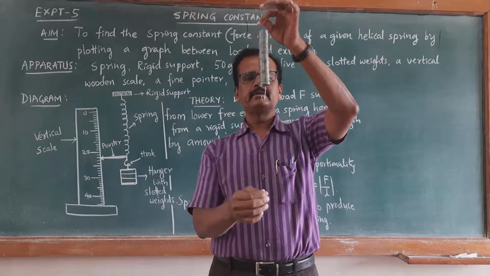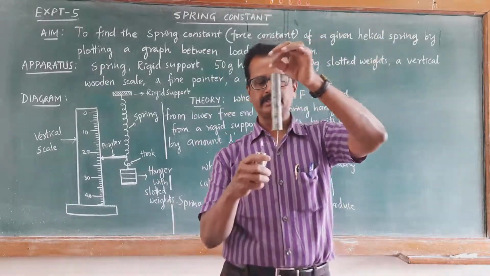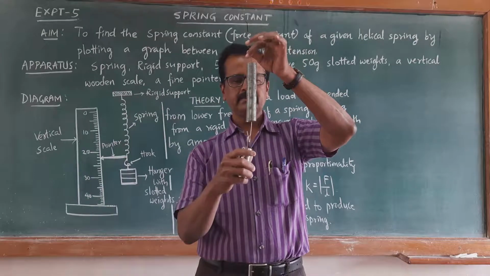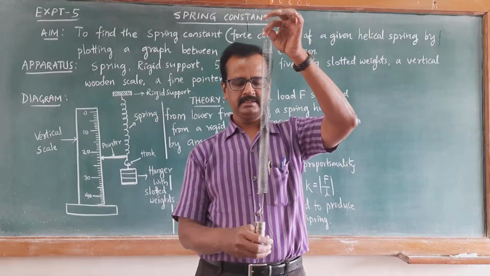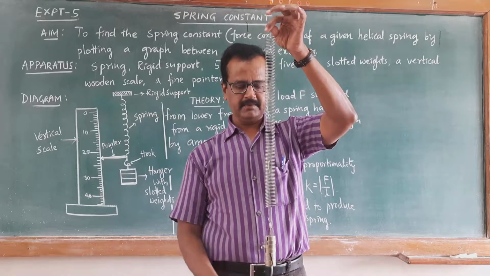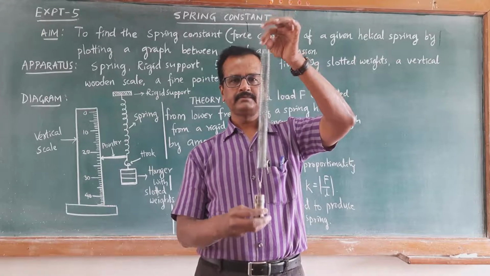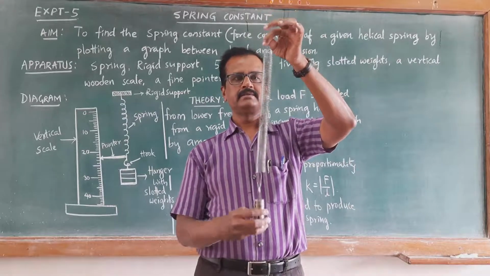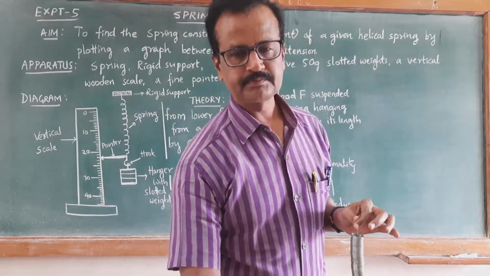When we connect a load to this, there is extension in the spring. So we know that the extension in the spring is directly proportional to the load that is suspended. This is what we have learned as Hooke's law.